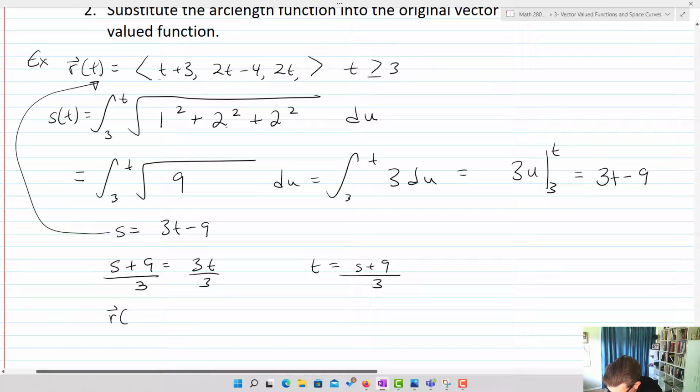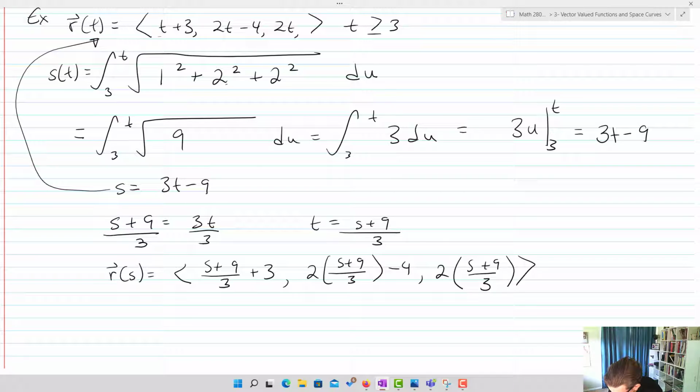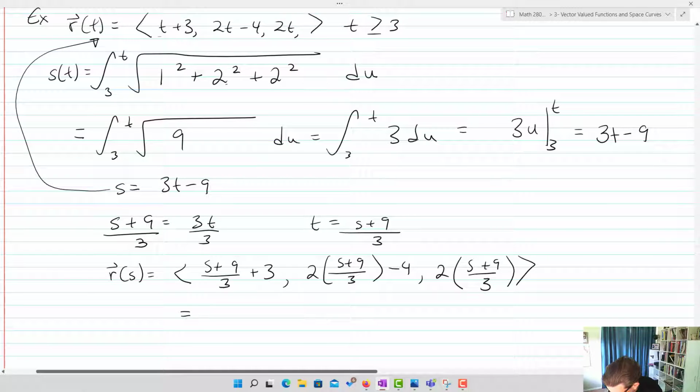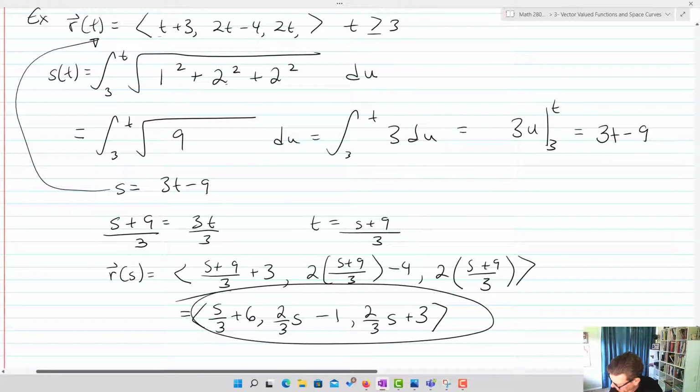So r of s is going to equal (s plus 9) divided by 3 plus 3, comma, 2 times (s plus 9) divided by 3 minus 4, comma, 2 times (s plus 9) divided by 3, which is then equal to s over 3 plus 6, then 2/3 s minus 1, and then 2/3 s plus 3. And that is your reparametrization.